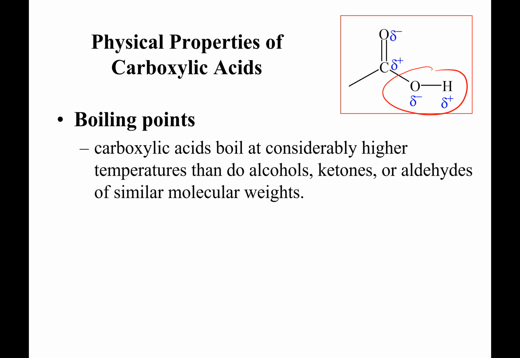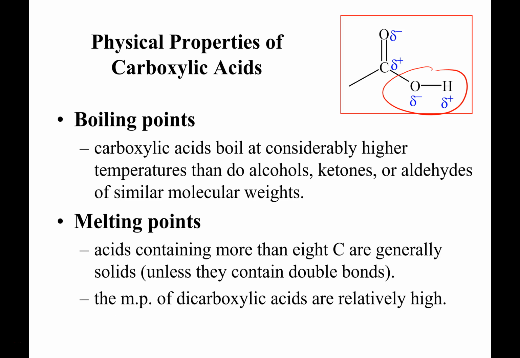And so we see that they have more going for them than alcohols do. Why? Because they also have this partially negative region. Ketones don't have a hydroxyl group, and neither do aldehydes. So carboxylic acids rock. They would generally have higher boiling point temperatures and higher melting point temperatures compared to their analog alcohols, ketones, or aldehydes.